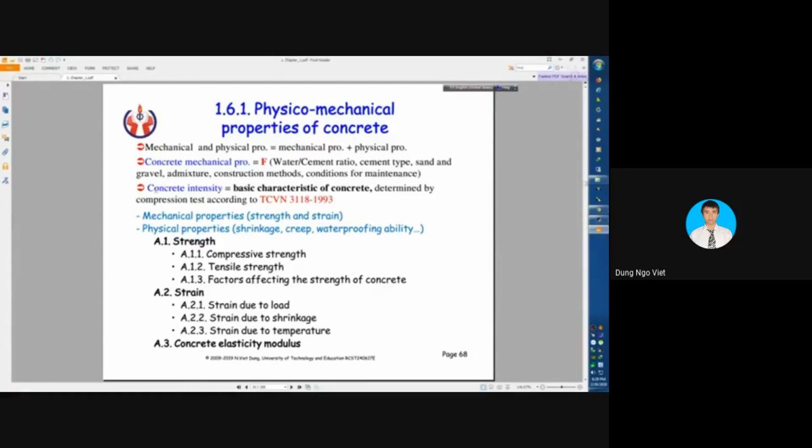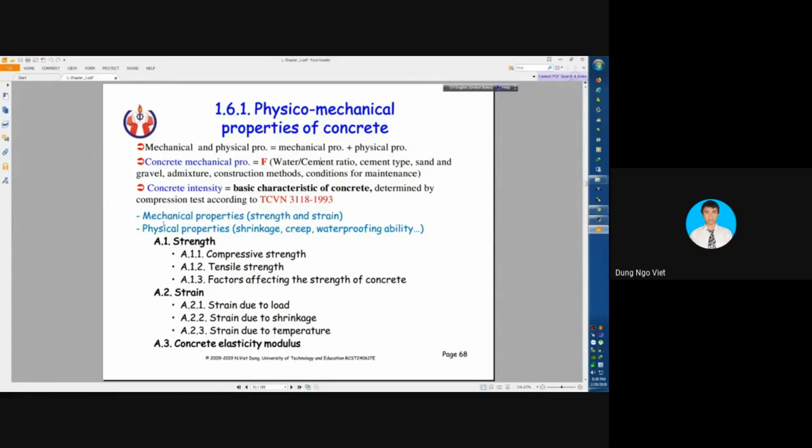Beside that is the concrete intensity. Concrete intensity is the basic characteristic of concrete, and it was determined by compression test according to TCVN 3118:1993.